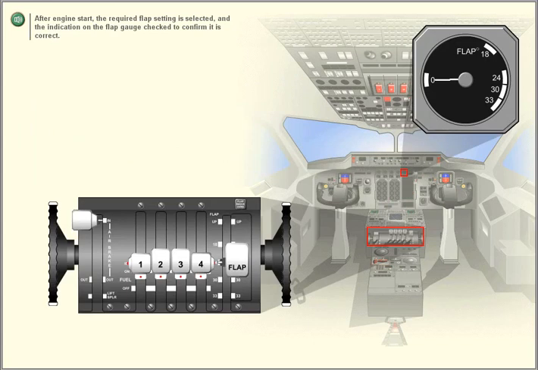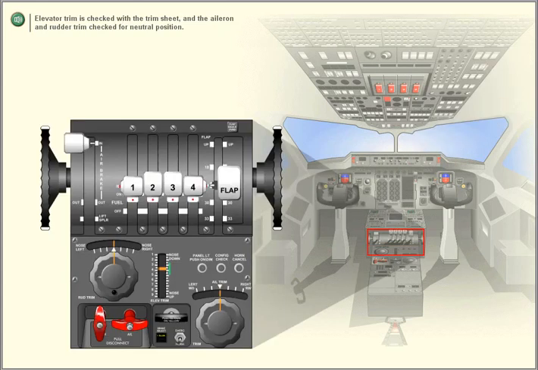After engine start, the required flap setting is selected, and the indication on the flap gauge checked to confirm it is correct. Elevator trim is checked with the trim sheet, and the aileron and rudder trim checked for neutral position.